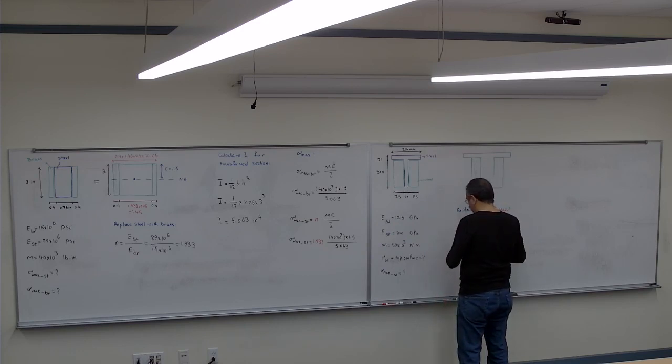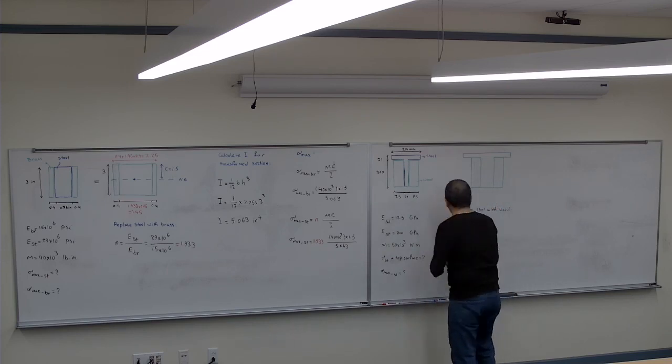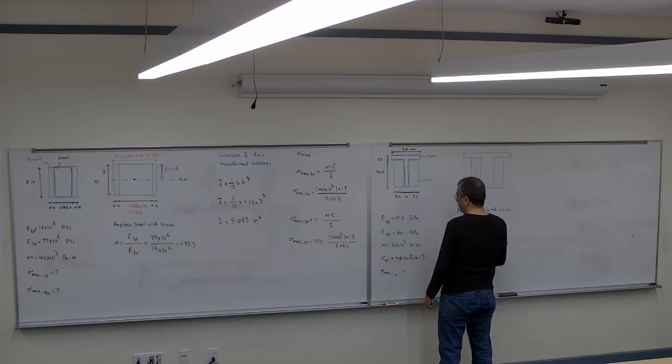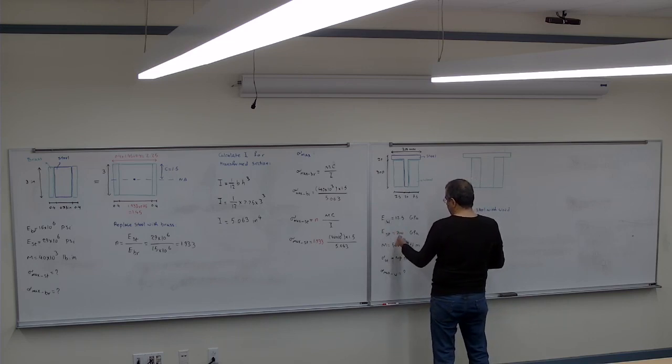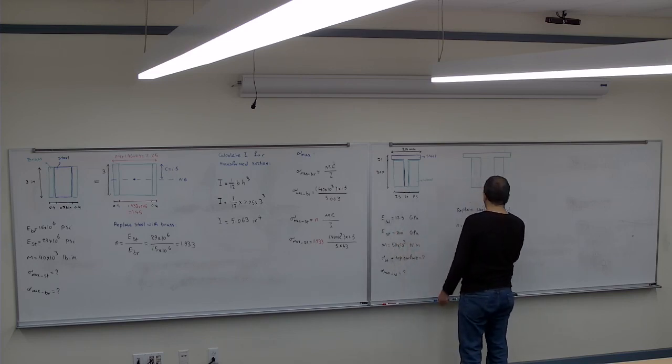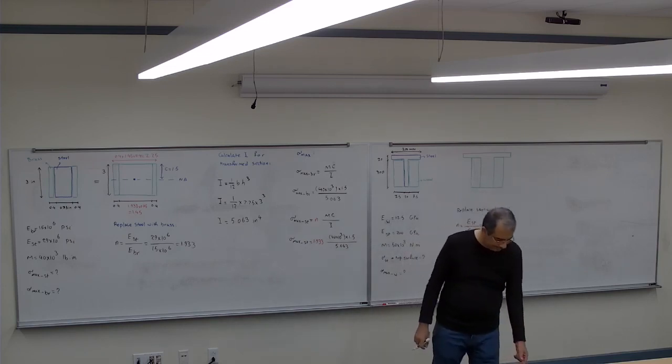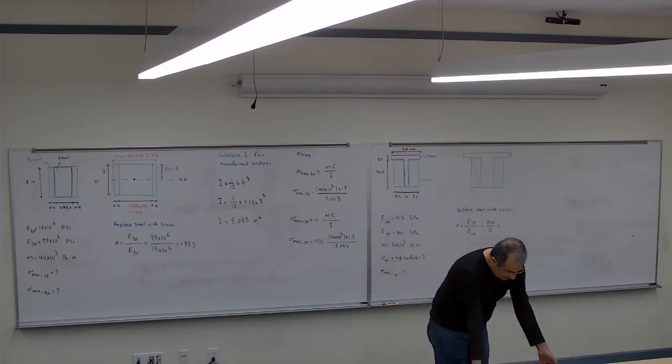So again, the n would be E of the steel divided by E of wood, which is going to be 200 divided by 12, which would be 16.